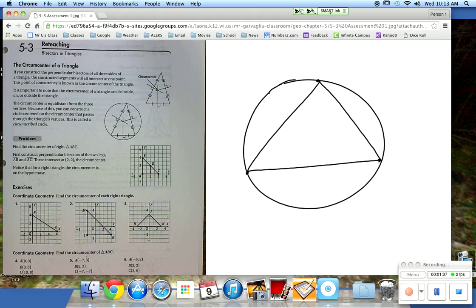So I'm going to take the midpoints of each side, and then draw a perpendicular bisector off it. I'm going to make a perpendicular line off of this one. It's probably going to be something like that. So let's say that's perpendicular. This one is going to be more down here. That's perpendicular. And this one here will go like that. And that right there would be the center of your circle.